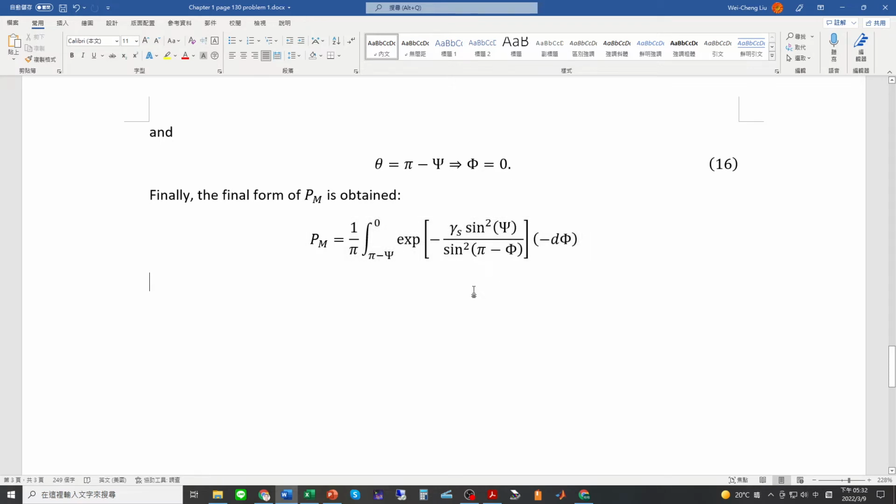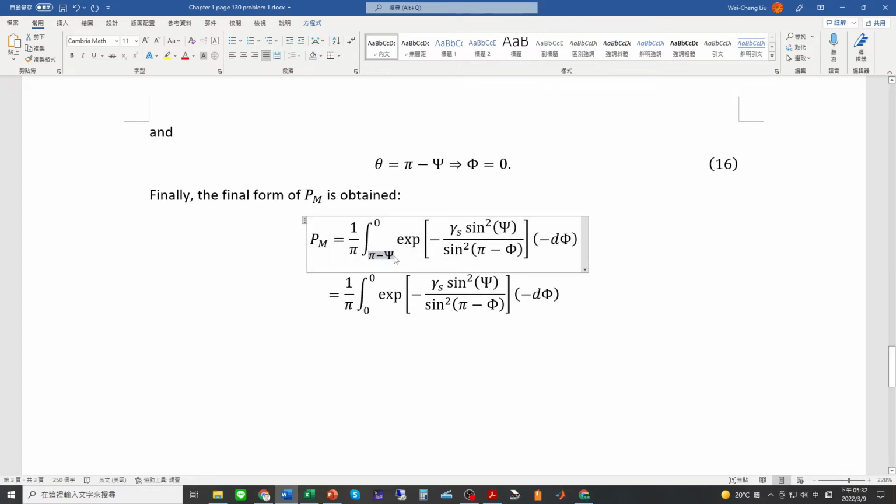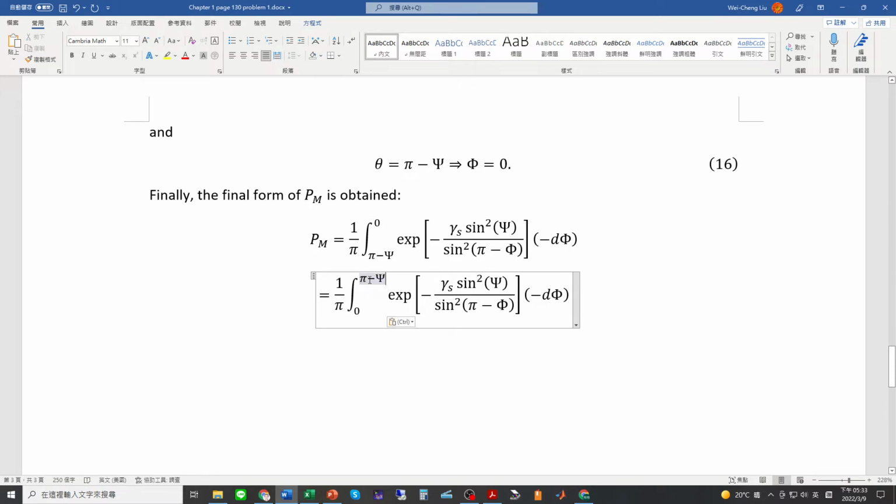And this is equal to, you can exchange the upper limit and the lower limit of the integration. So you can change the lower limit to 0 and the upper limit to pi minus psi. Okay, like this. And sine of pi minus phi is equal to sine of phi.